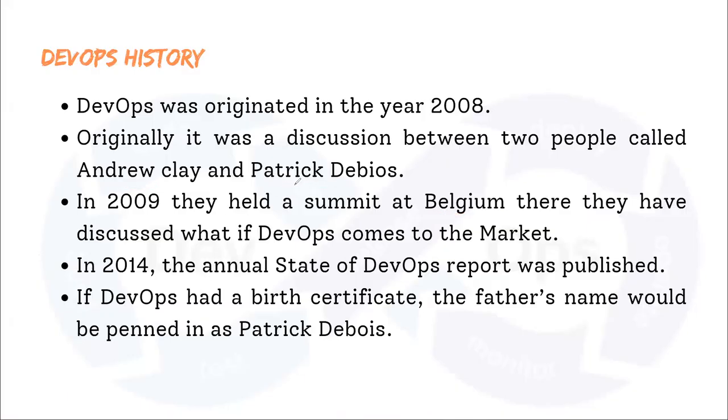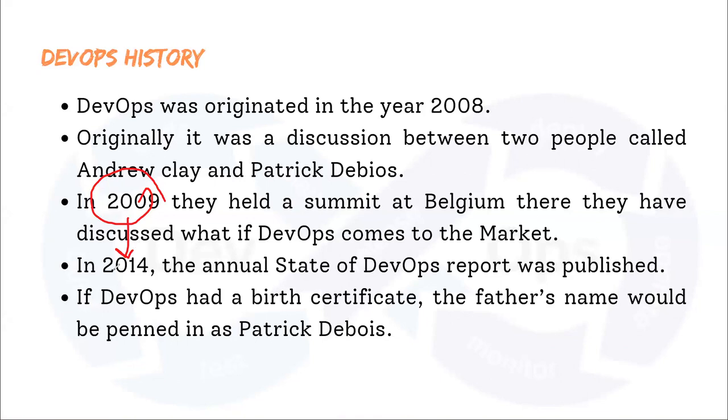After that, a lot of people discussed that if DevOps comes into the market, we can see a lot of advantages. From 2009 to 2014, they created a project on DevOps. What they observed is that if we use DevOps rather than Agile and Waterfall, our time will be saved, our energy will be saved, our money will be saved, and customer satisfaction will also improve a lot.